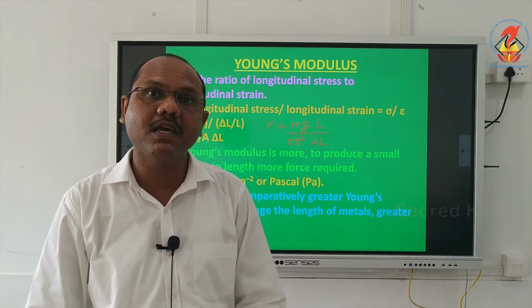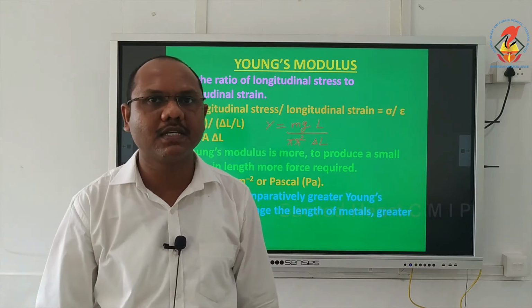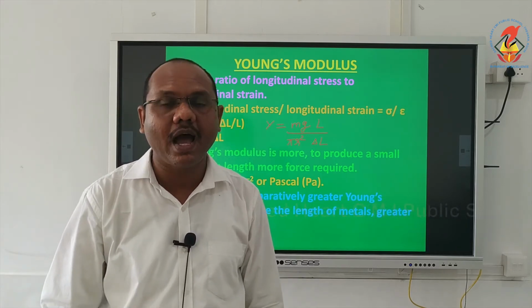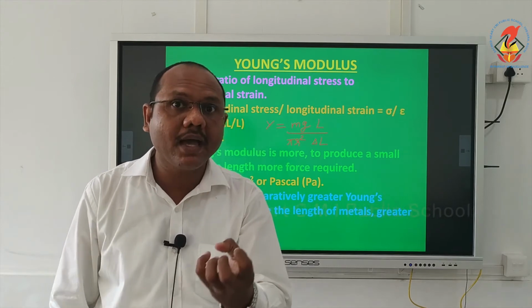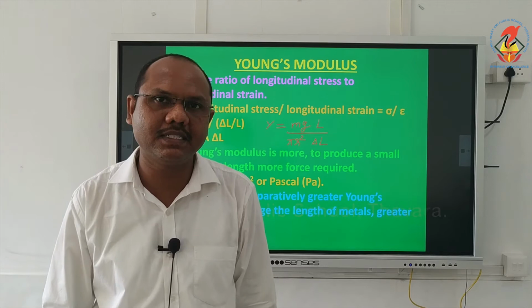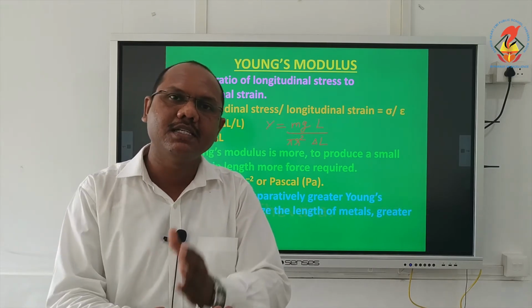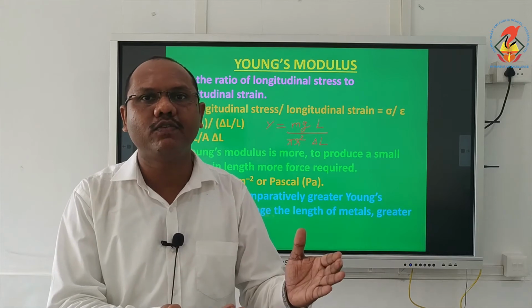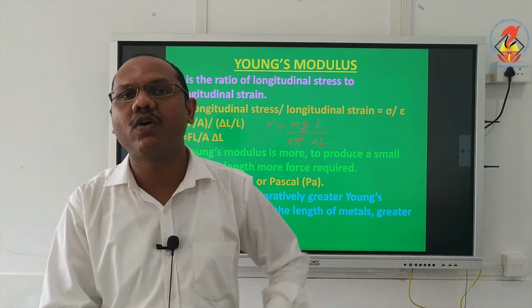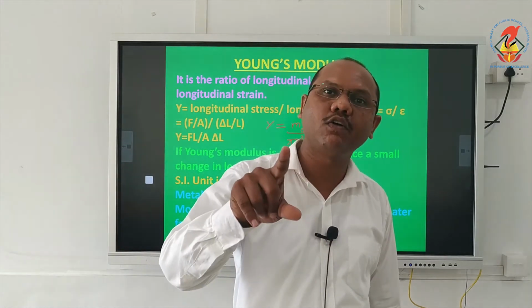But imagine if I take a steel wire instead of a plastic wire, I have to hang more mass, only then can the steel wire be stretched. So I can say Young's modulus of steel is more than that of plastic, or that of rubber.